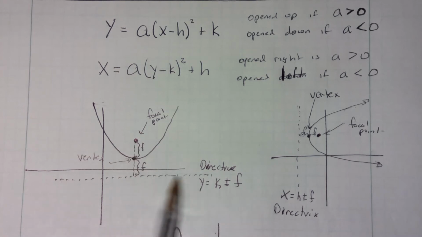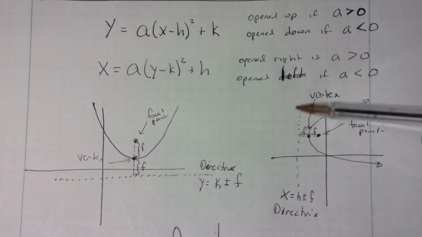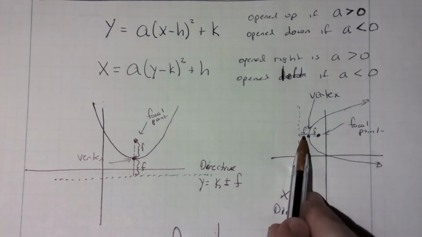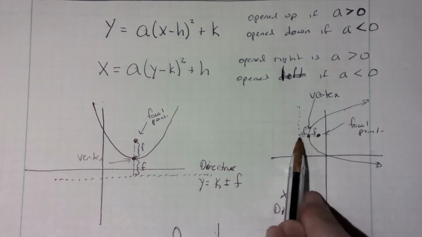The directrix will be horizontal if the parabola opens up or down, and a vertical line going up and down if the parabola opens left or right. And there's a little f there for the focal length, that distance from the vertex to either the focal point or the directrix.